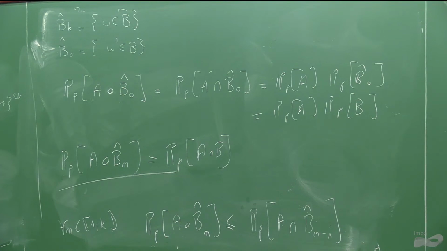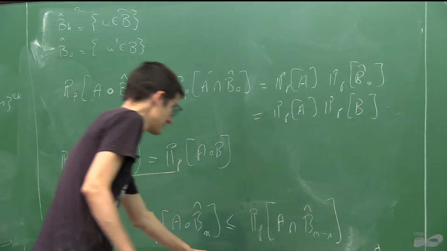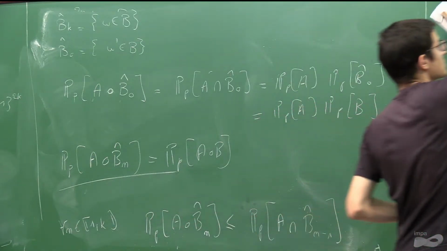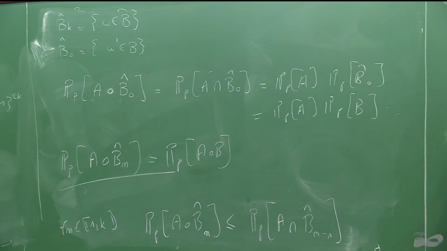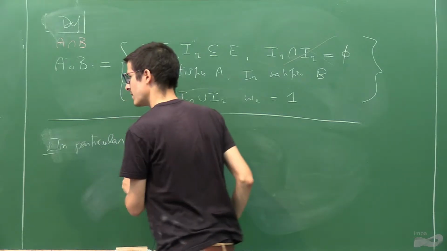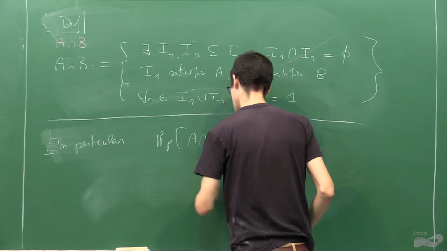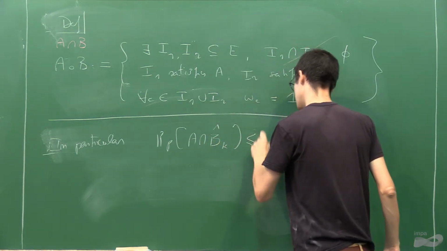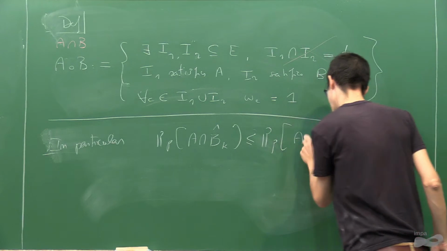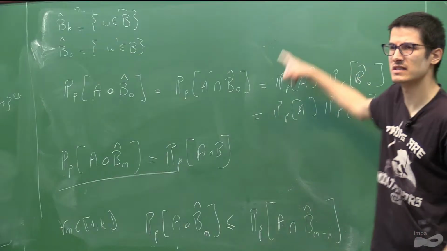So if this is true for every n, basically, what I have in particular is that PP A circle Bk is smaller than PP A circle B0, which, according to the above remark, is exactly what we want to prove.